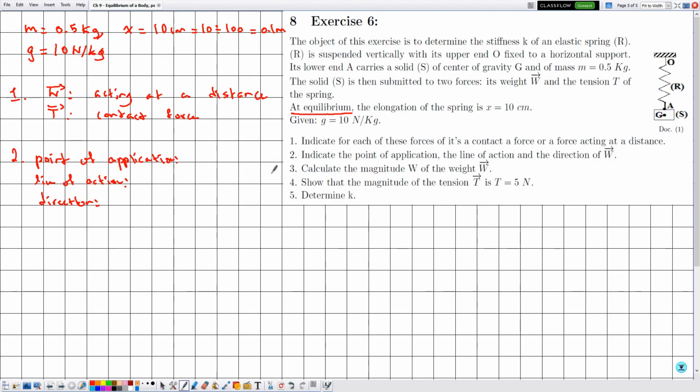The point of application: because it's acting at a distance, the point of application will be the center of gravity G. The line of action is vertical because the weight always acts vertically downward, and the direction is downward.